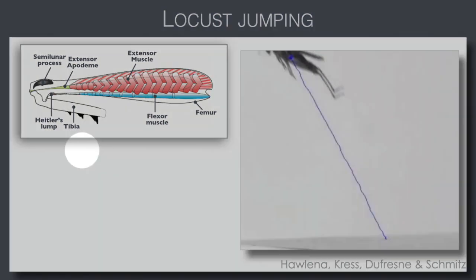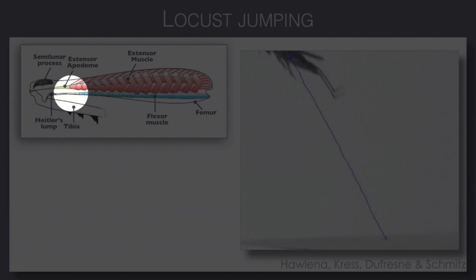As a reminder, this is an image from Dr. Azizi's slides where we have this extensor muscle. What it's going to do is kick out this tibia in a clockwise direction. It includes this semi-lunar process, which is the source of storing the elastic energy.